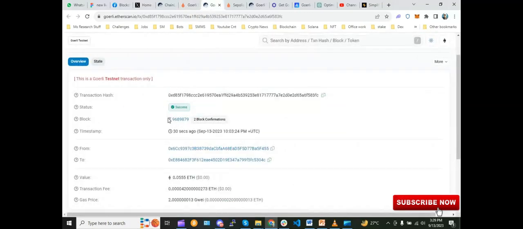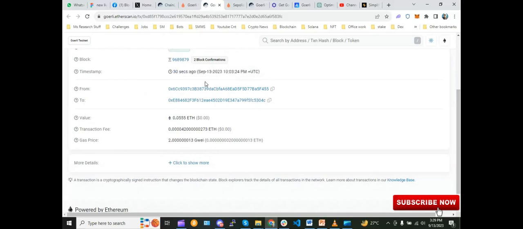Apart from that, this is the block confirmation. This is the timestamp on which this transaction happened. This is the from address and the receiver address. This is the value in ETH, the transaction fee over here, the transaction gas fee over here.